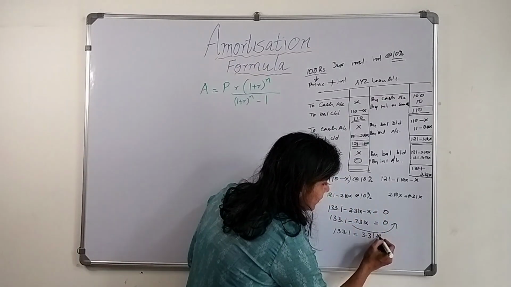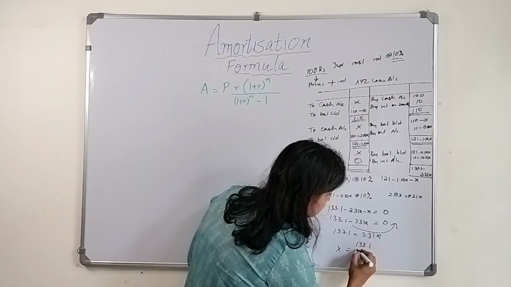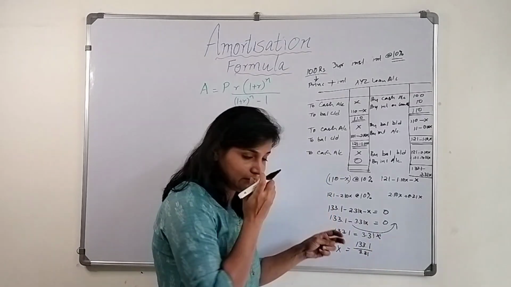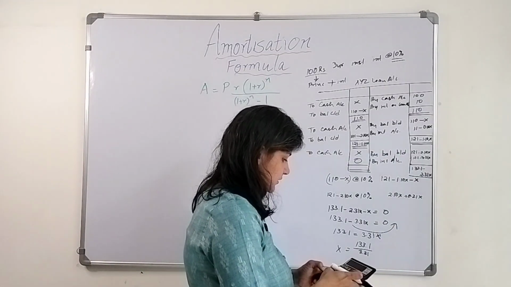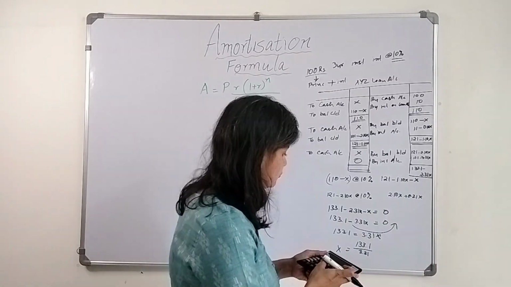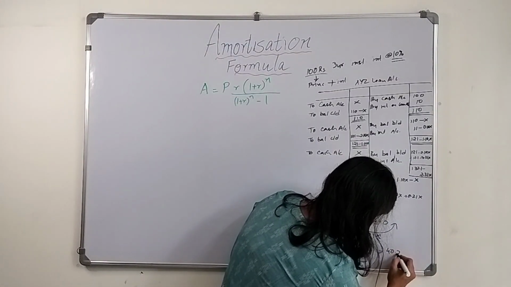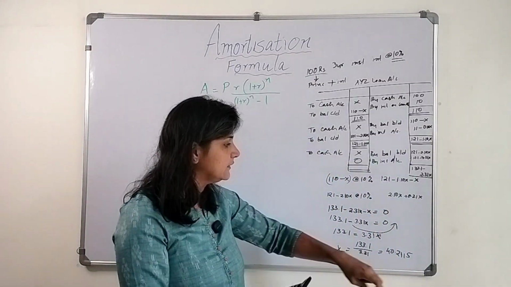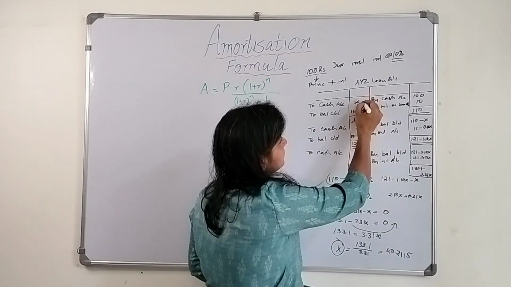Now I have to find this X amount. 133.1 divided by 3.31, I need a calculator for that, equals 40.2115. So every year the annual installment is this X amount.